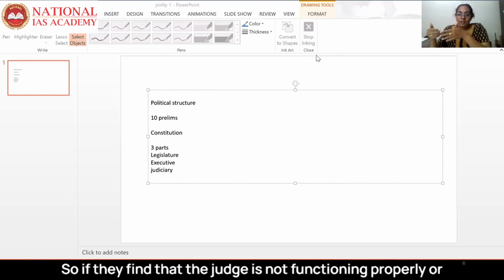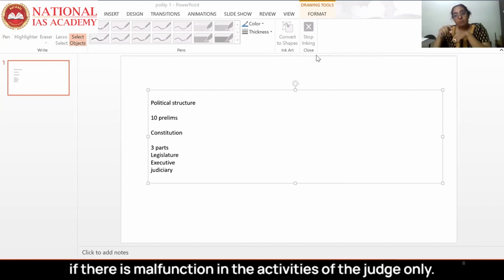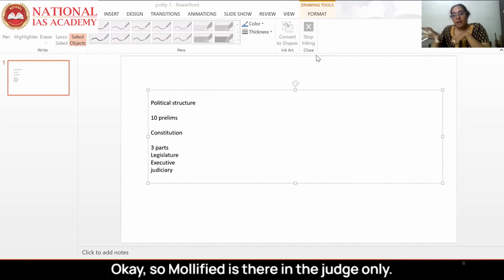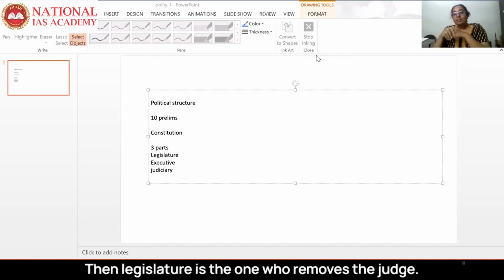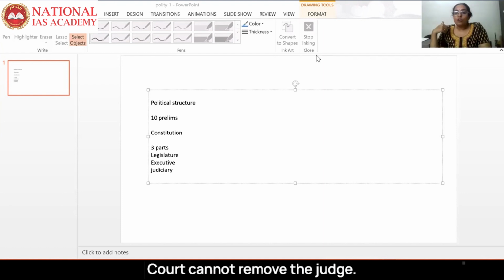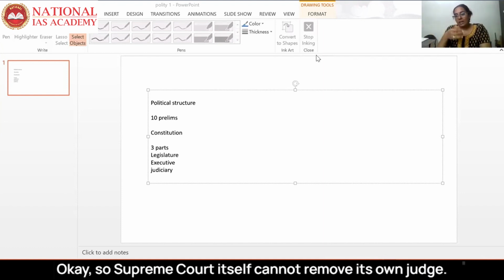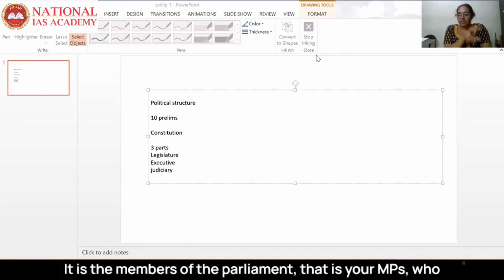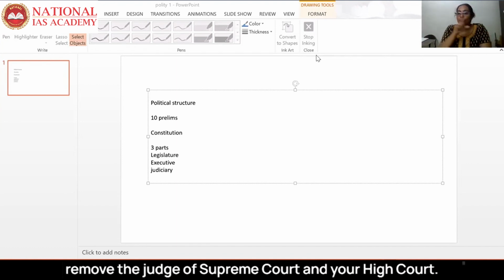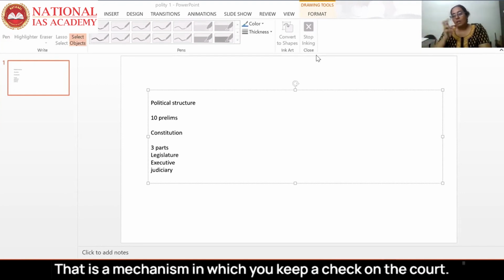If they find that the judge is not functioning properly, or if there is malfunction in the activities of the judge, then the legislature is the one who removes the judge. The court cannot remove the judge. The Supreme Court itself cannot remove its own judge. It is the members of parliament, that is your MPs, who remove the judge of the Supreme Court and the High Court. So that is a mechanism in which you keep a check on the court.